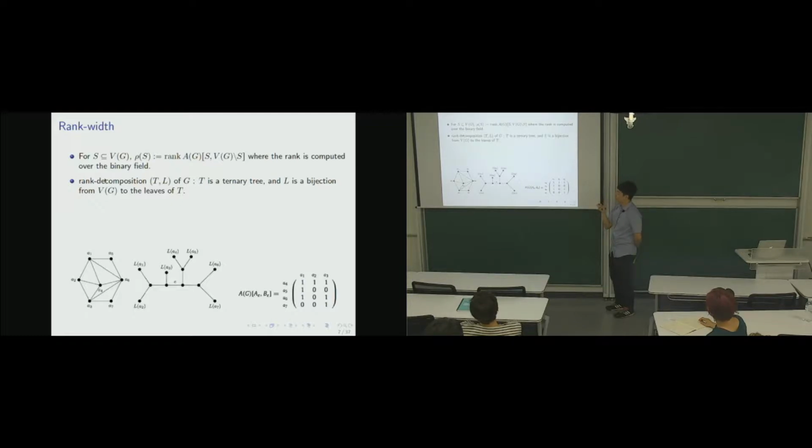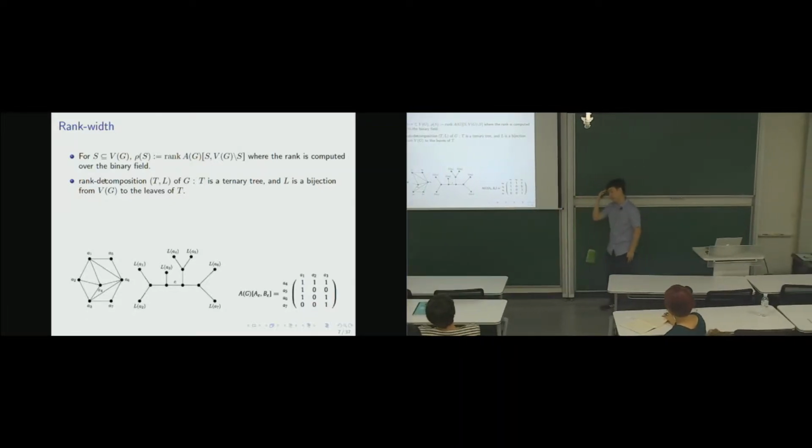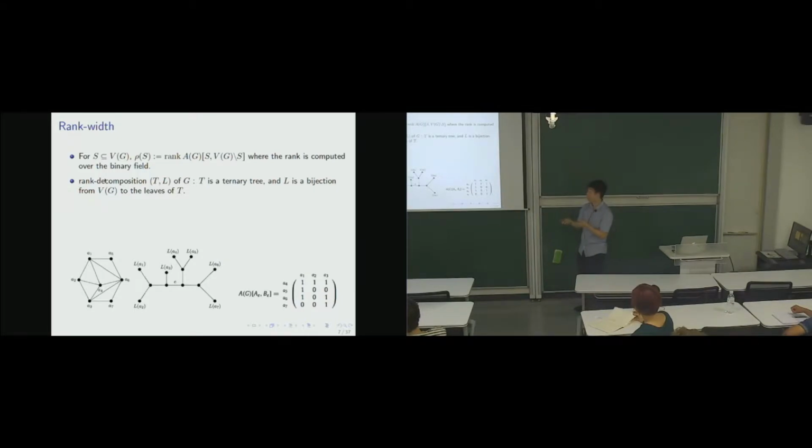But why we use the rank is that the cut-rank function is a submodular function. So this gives some nice idea to generalize tree-width and branch-width in sparse graphs.